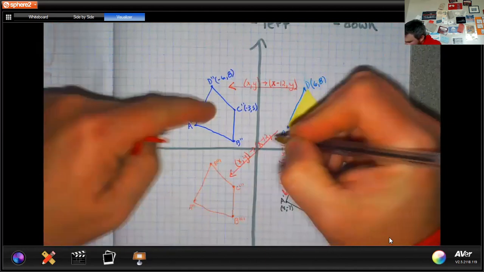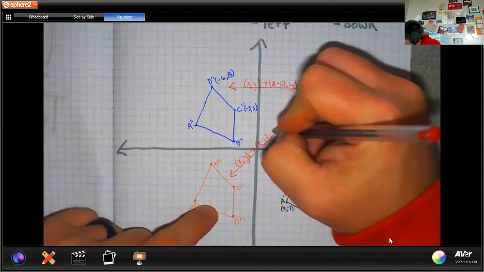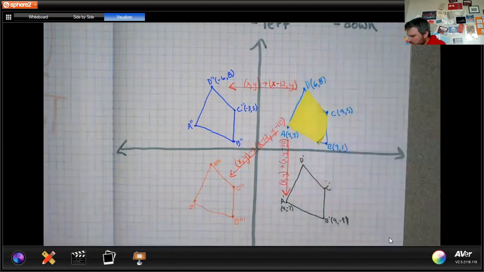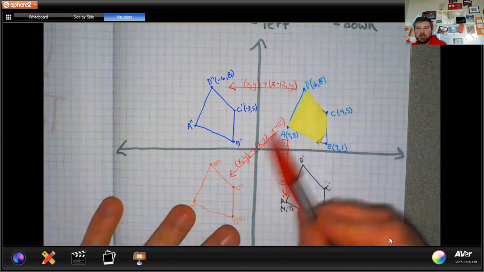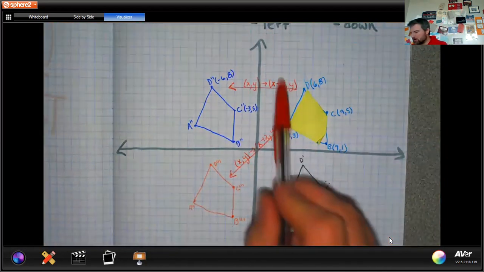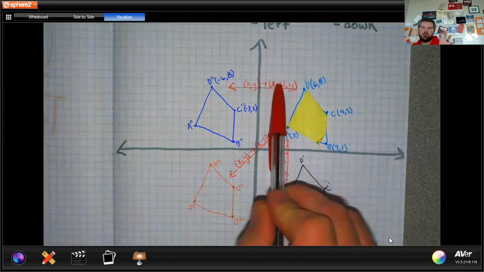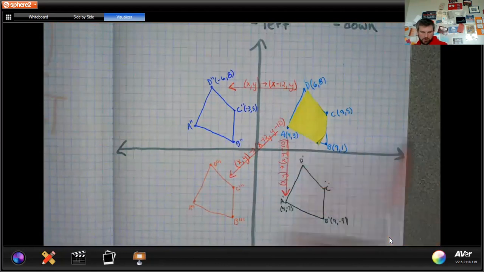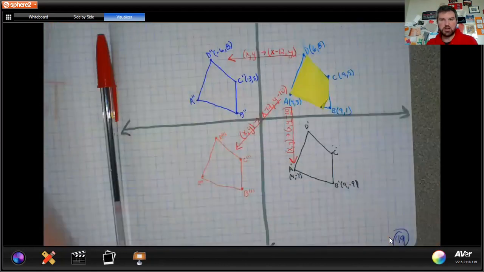But then I also went down 10, so Y minus 10. So anytime you see numbers with the X's and Y's, it's a diagonal move. If you just see an X number, it's a horizontal move. And if you just see a Y number, it's a vertical move. So that is translation.